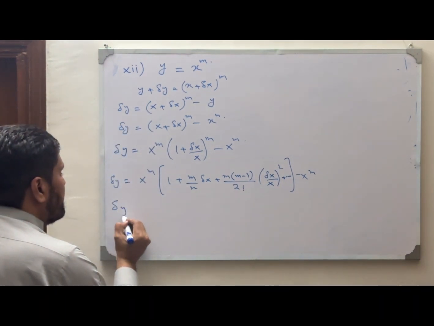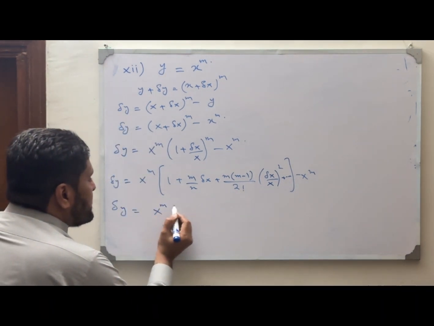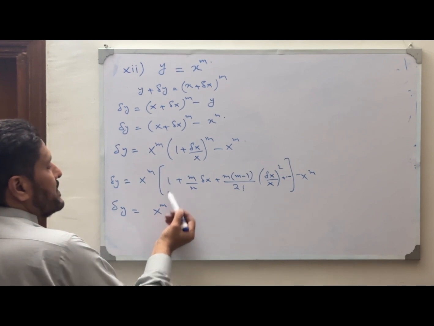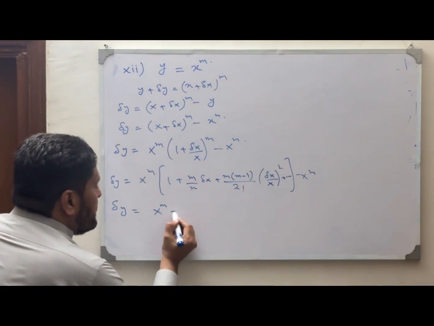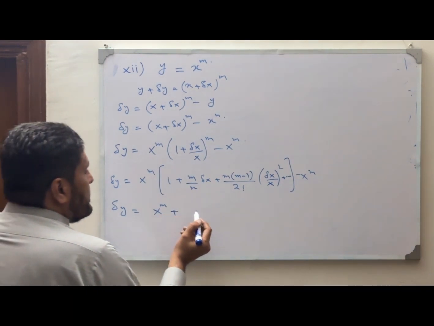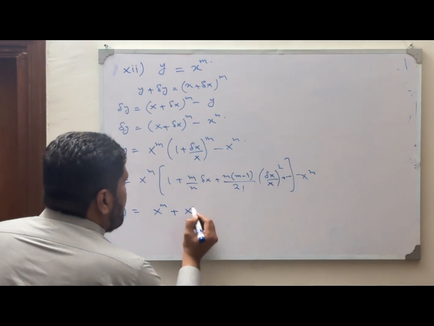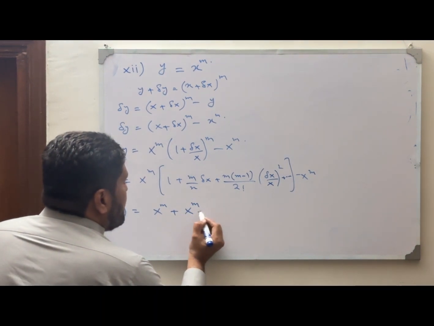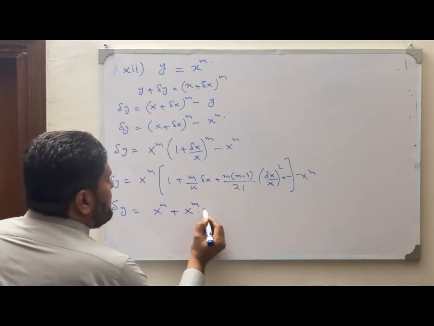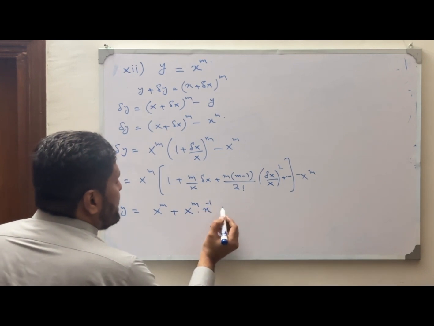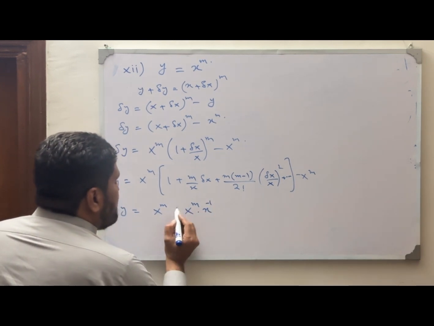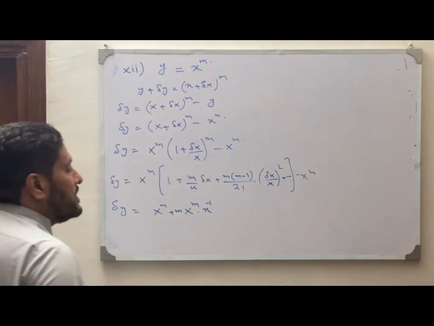So our delta y is equal to x power m multiplied by 1, this will become x power m plus x power m, and this is x power minus 1, I am taking it into the numerator, so multiplying it by these two terms with m.